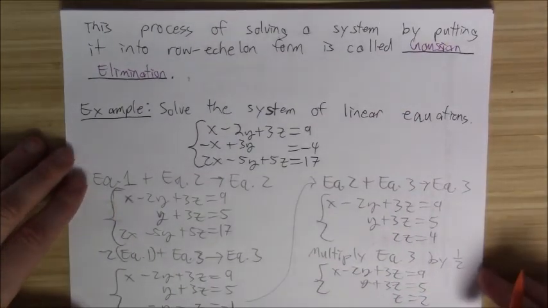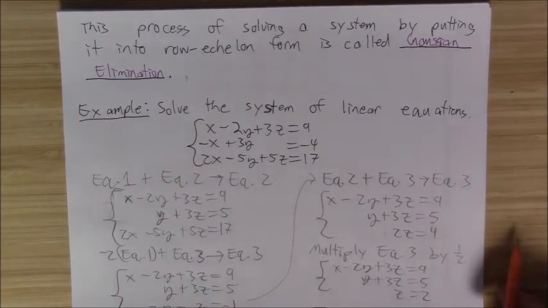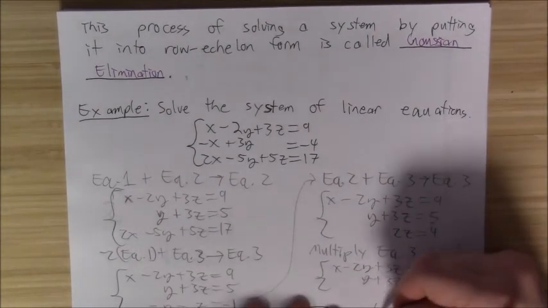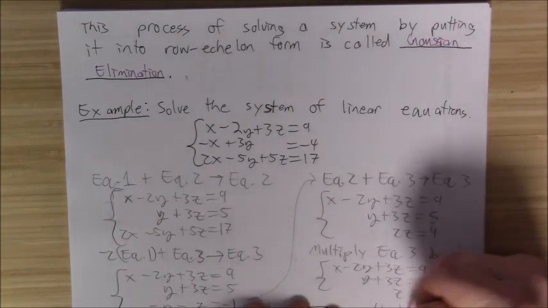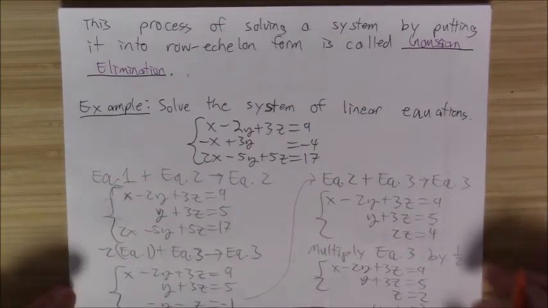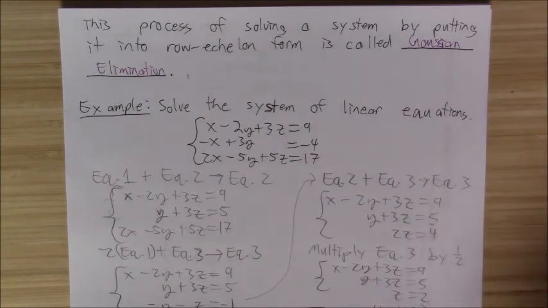And now that I have it in row echelon form, I can back substitute, and back substituting will end up giving me 1, negative 1, and 2. And if you watched the last video, it's because this system is exactly the system that we solved using back substitution in that video.